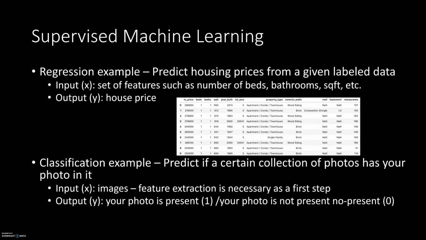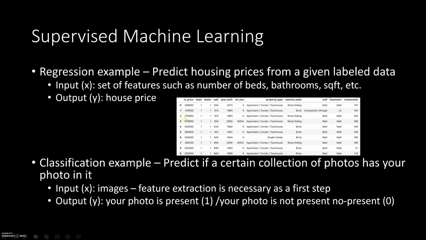So here the input is a set of images and the output is whether the image contains your face or not. So that's an example of a classification problem. More specifically, it's an example of a binary classification problem because we can only have two possible outcomes. So these are two types of problems that we can solve using supervised machine learning.